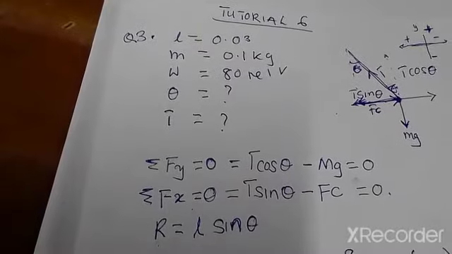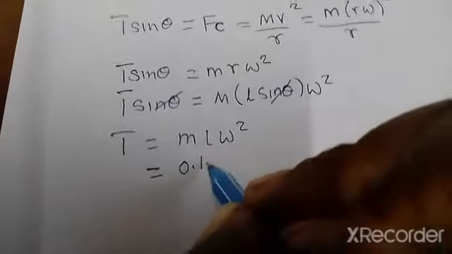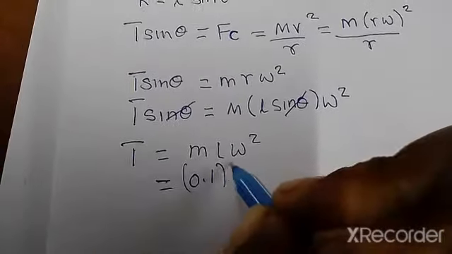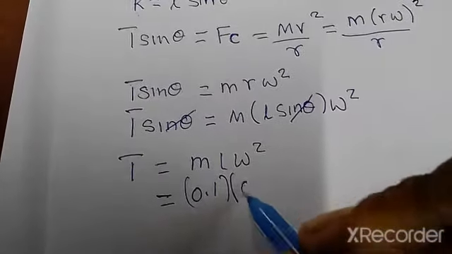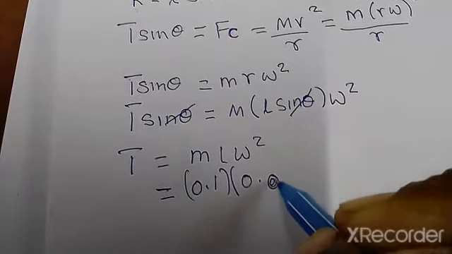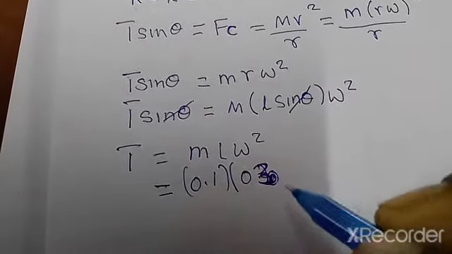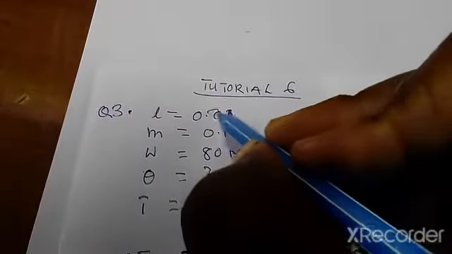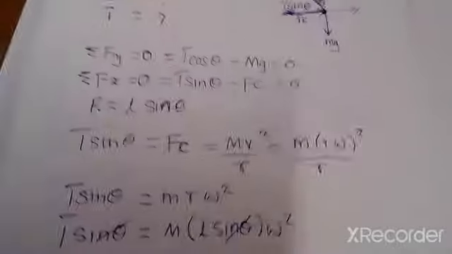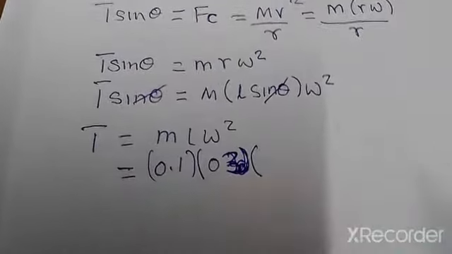So m to start with is 0.1 kgs multiplied by L, which is 0.3, since that was 30 centimeters, so 0.3, not 0.03.